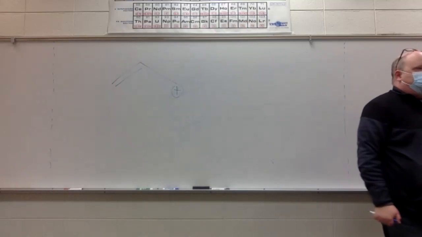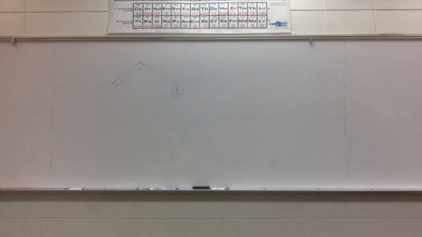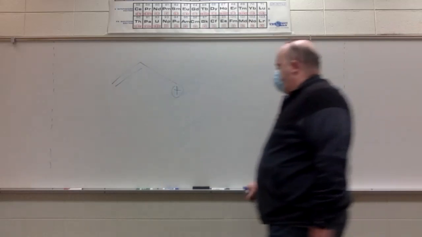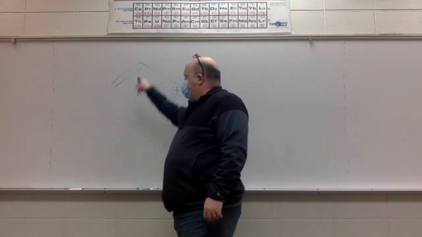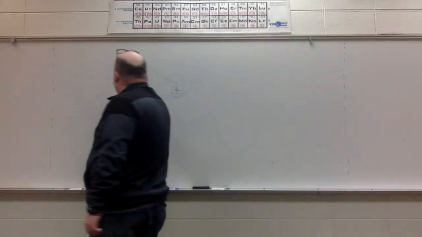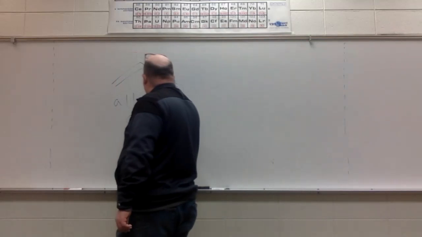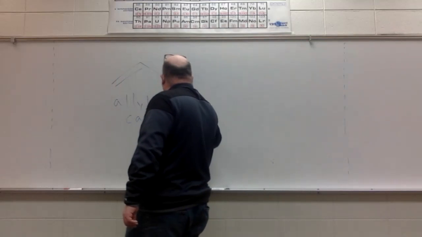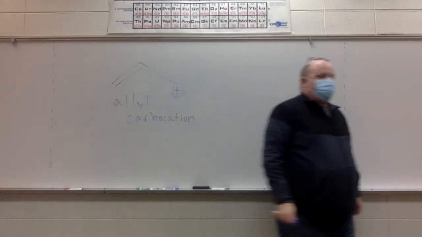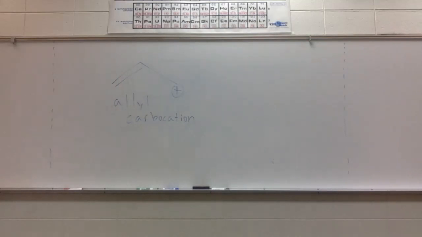What type of carbocation is this, if you had to name it? Allylic, yes. Good eagle eye. That positive charge is in an allyl position, so this is an allylic carbocation. And you can put it in the bank now that allylic carbocations of any type are conjugated.